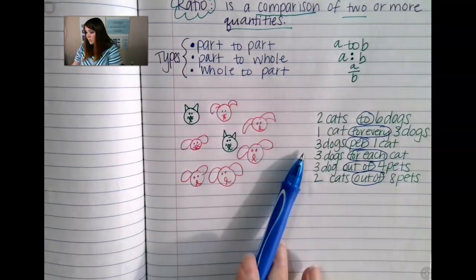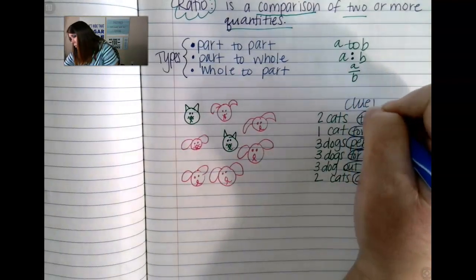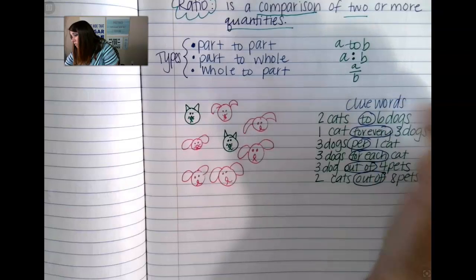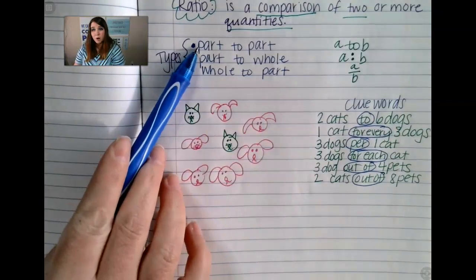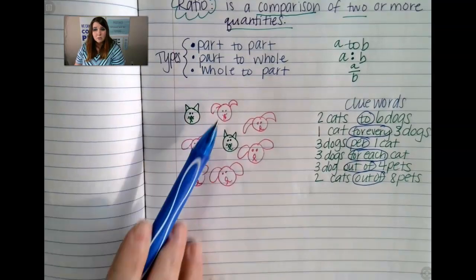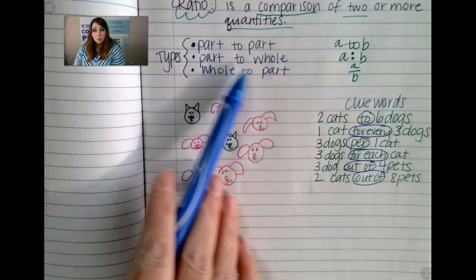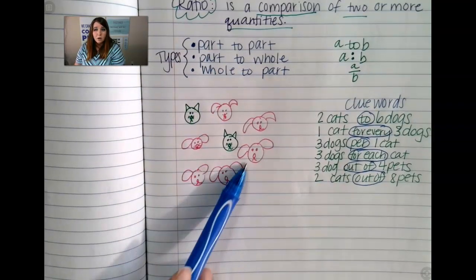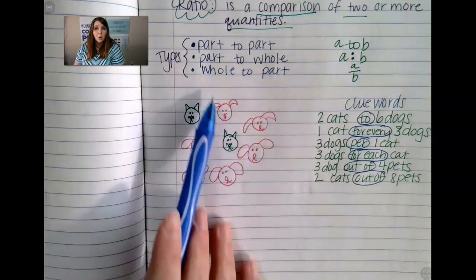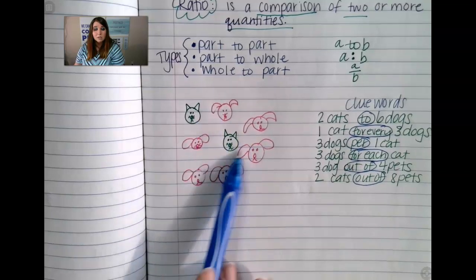The ratios that you can make are either going to be a part to a part, meaning cats to dogs, those are the parts that are available. A part to a whole, so like 2 cats to 8 animals.